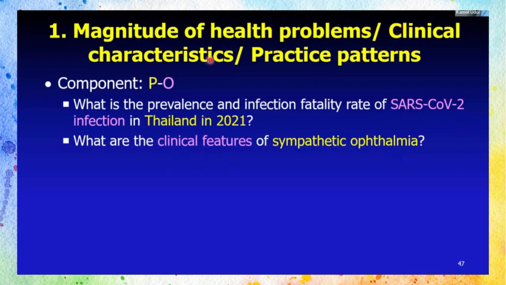So it's the clinical characteristics of the disease. For example, this disease might affect males more than females, might affect the elderly, might present with blindness or whatever. So they are just P and O. Target population: patients with this disease, sympathetic ophthalmia. Outcome is now clinical features.